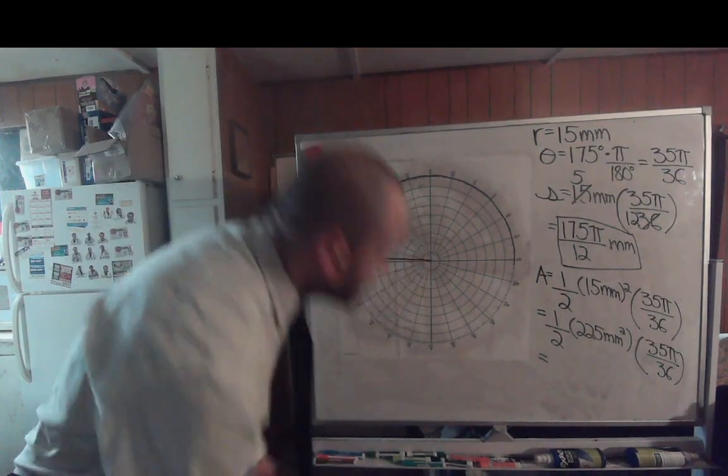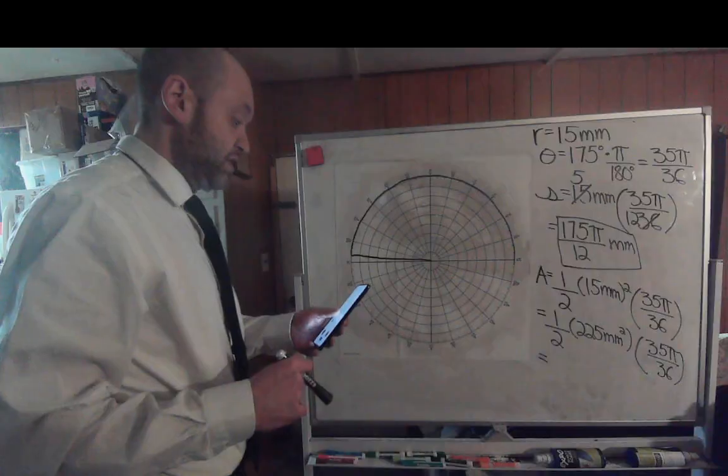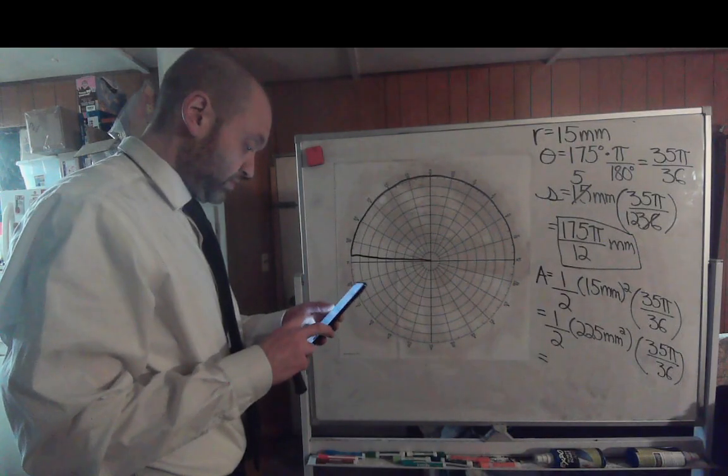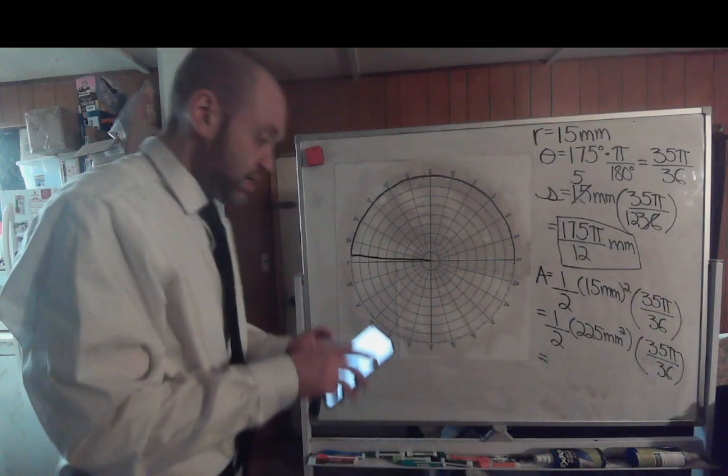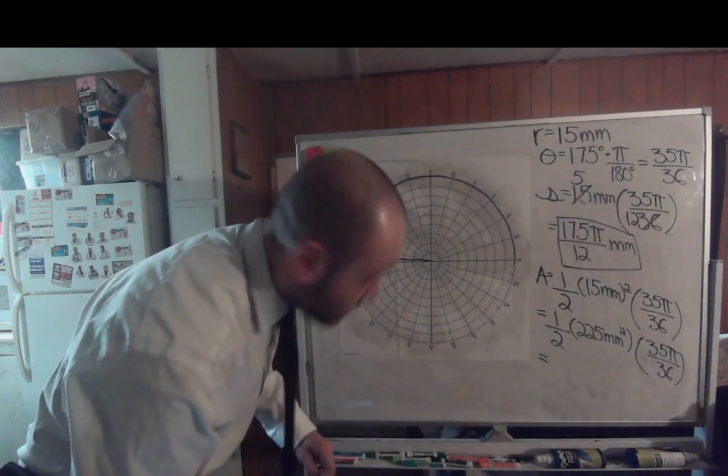Let's figure out what 225 times 35 is. 7,875.